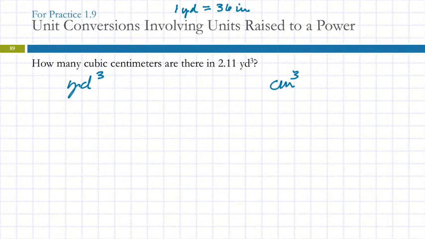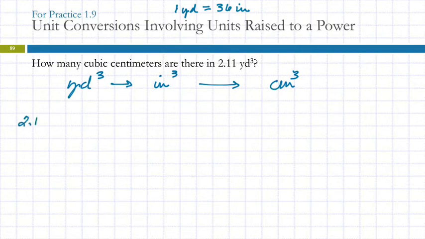Sometimes we kind of forget that, but a yard is 36 inches. So we could go directly from yards to inches, and then we know the relationship between inches and centimeters. So then we can do it if those are cubed. If they're cubed as well. So here I made a path that has two arrows, so I'm going to have two fractions.